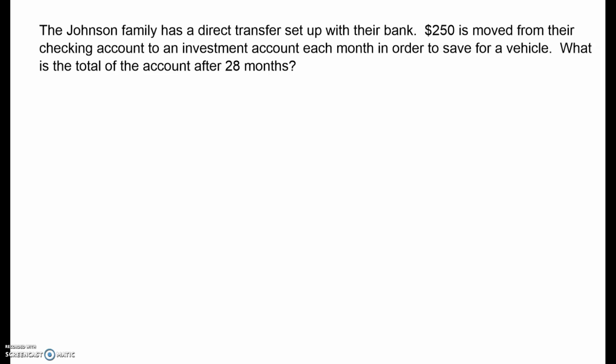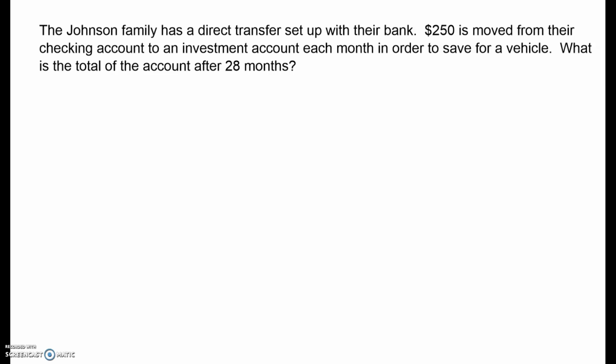And they're moving it to an investment account each month in order to save for a vehicle. So every month, automatically, $250 comes out of their checking account. The question is, what is the total of that checking account after 28 months?